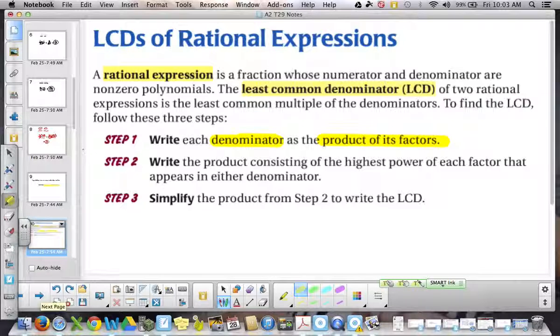Then we're going to compare the 2 denominators and their factors, and write a product consisting of the highest power of each factor that appears in either denominator. Step 3 is to simplify that product from step 2, and then we'll have the LCD.